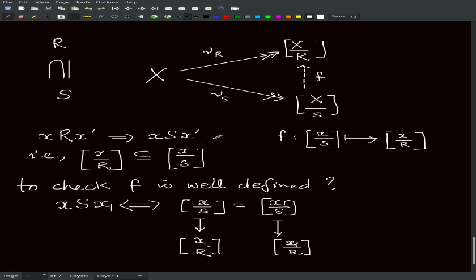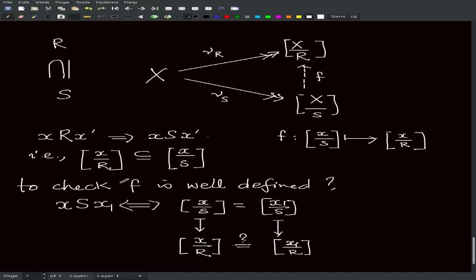You see, this tells me that my direction was wrong. You see? This tells me my direction was wrong. Okay? Why? Because I know that x and x1 are related by S. But I don't know whether they are related by R also. Okay? So this may not be equal. So this equality is a question mark.